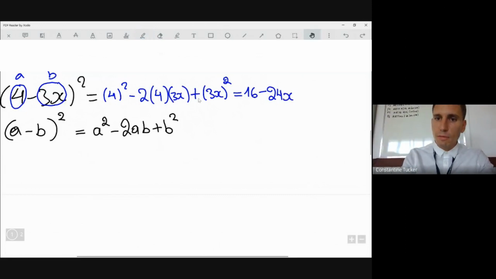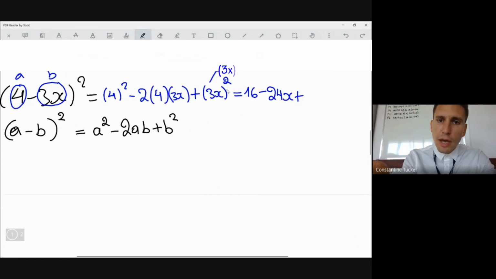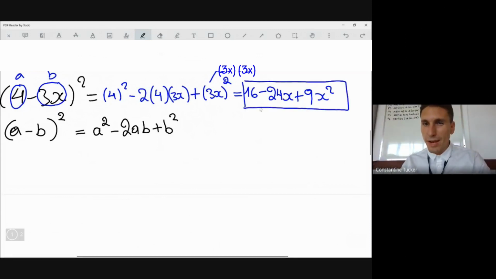And then finally we have plus, and now we have to think about this thing. 3x squared means 3x times 3x. The 3 and the 3 gives us a 9, and the x with the x gives us an x squared. So actually the final answer here will be 16 minus 24x plus 9x squared.